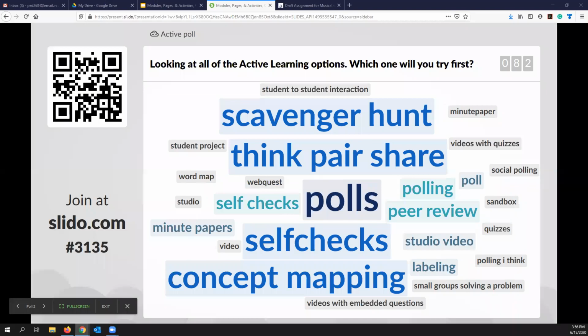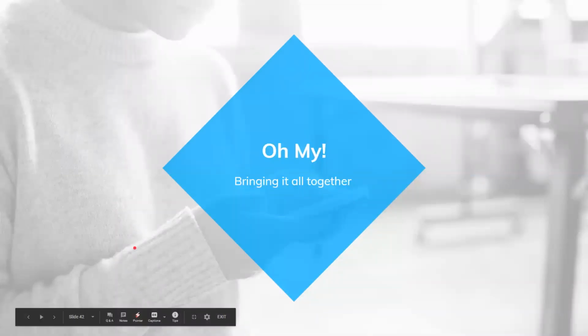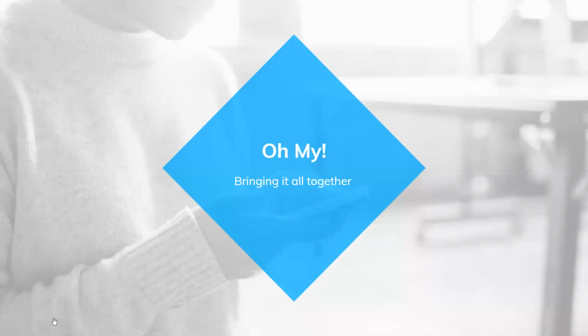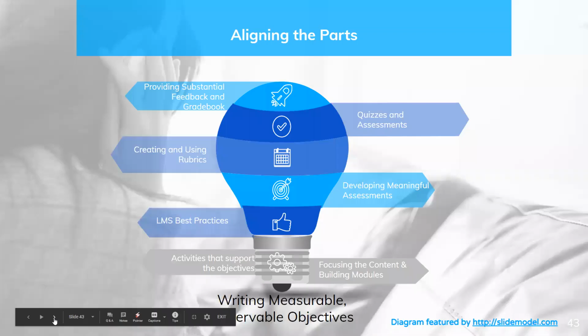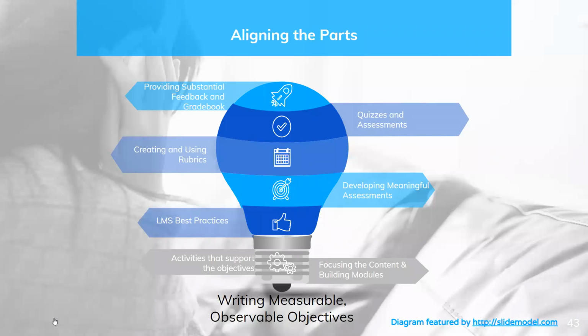All right. So now we're to the "oh my" part, which is bringing it all together. So now we're going to talk about putting all the parts together. First we talked about last week, writing measurable objectives, and that is the base upon which everything is built. Or in this case, it is our electricity that turns on the light bulb.